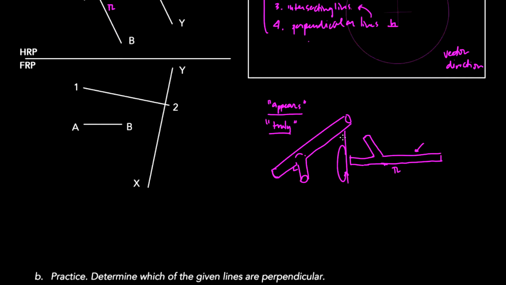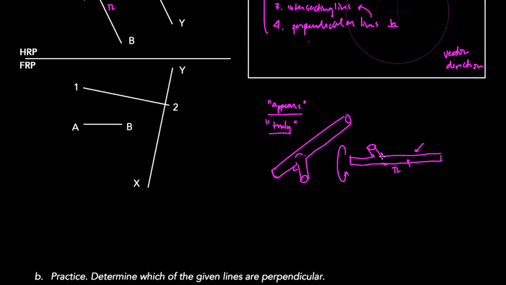Kumbaga, yung viewing plane ko is nandito. Kahit anong ikot ko dito, in all the possible views, true length itong long side and hindi true length yung shorter side. Pwedeng ang possible na orientation niya is ganyan, pwede ring closer to us.